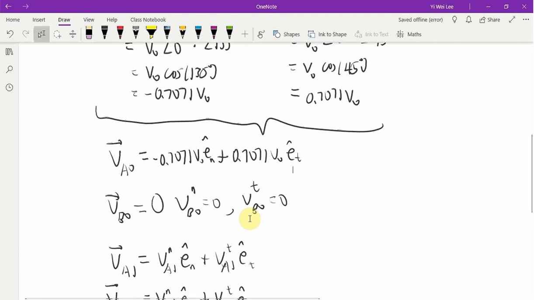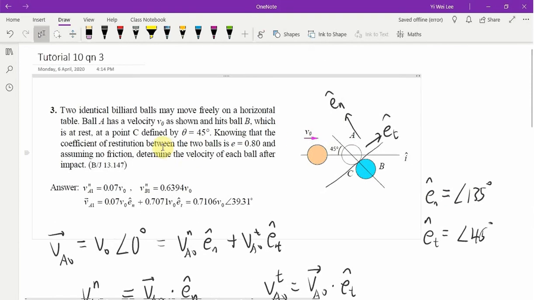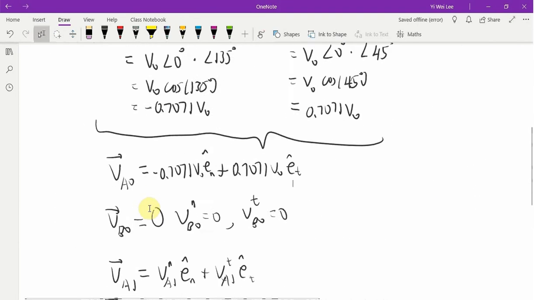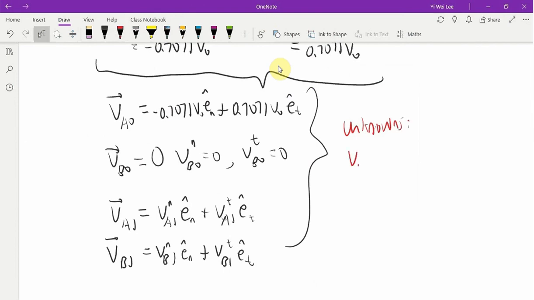Now, after you solve these two parts, let's take a look at how many unknowns we have. V0 is not considered an unknown because we want to represent everything in terms of V0. So our unknowns: we have VA1N as an unknown, VA1T as an unknown, VB1N as an unknown, and VB1T as another unknown.